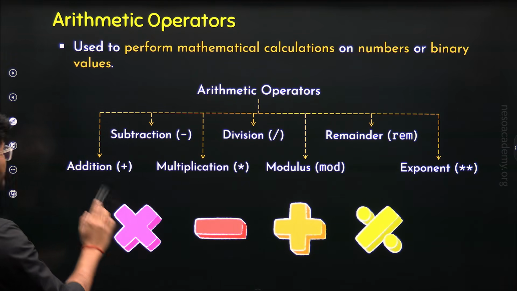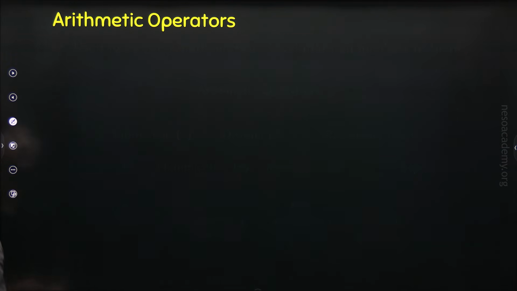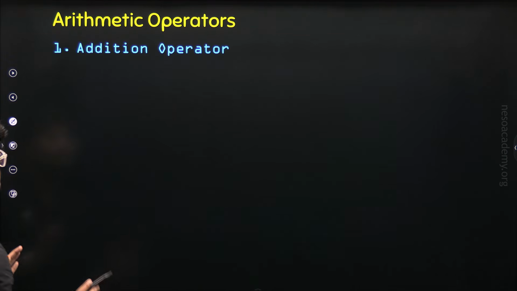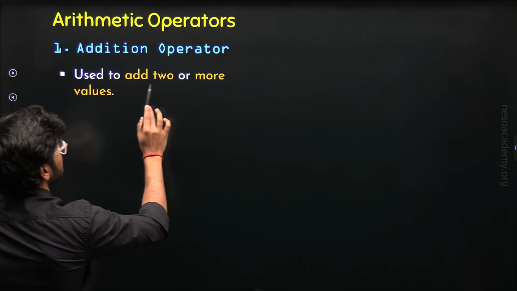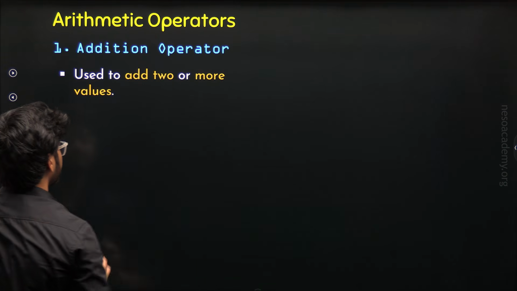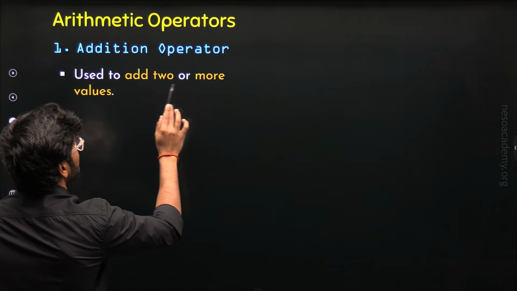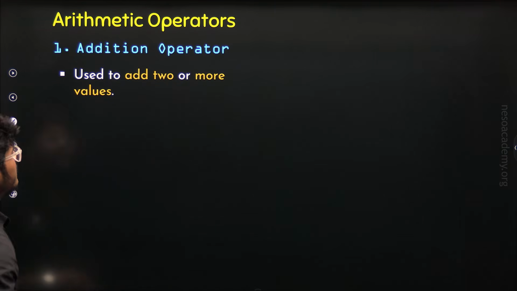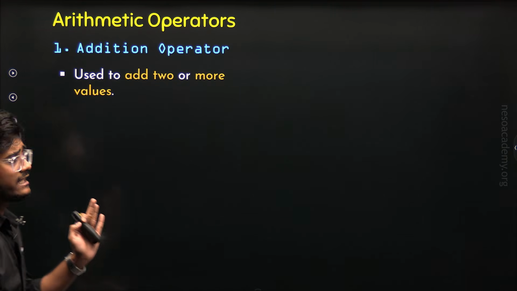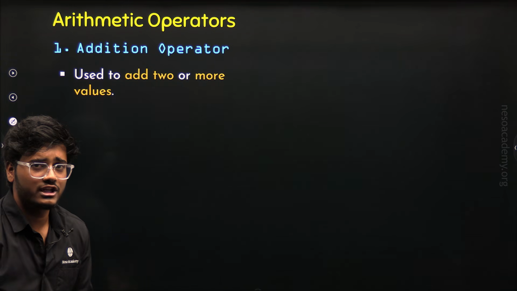First, start with addition operator. Now, addition operator is used to add 2 or more values. That is, addition operator is used to add 2 or more input values. Now let's see how to use the addition operator inside a VHDL code.